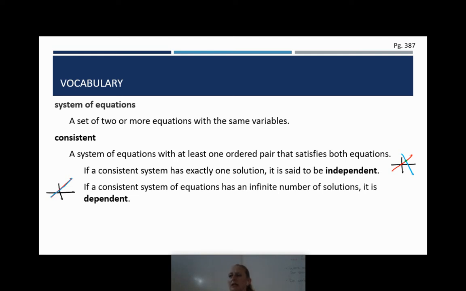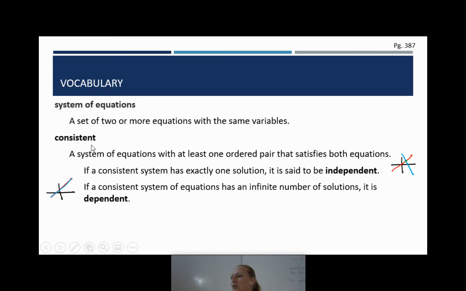They're the same line. If I graph my system of equations and realize they're the same line, that means there's an infinite number of solutions. Every solution for the one line is also a solution for the other line because they're the same line. We say that it is dependent, right?